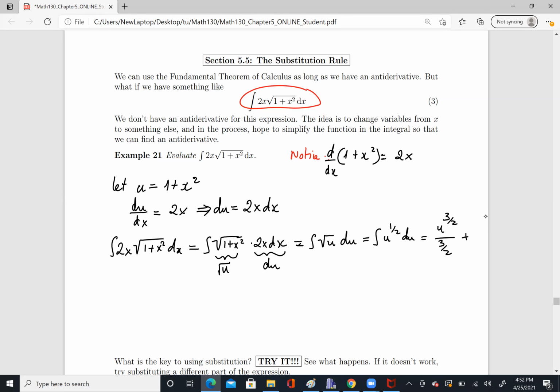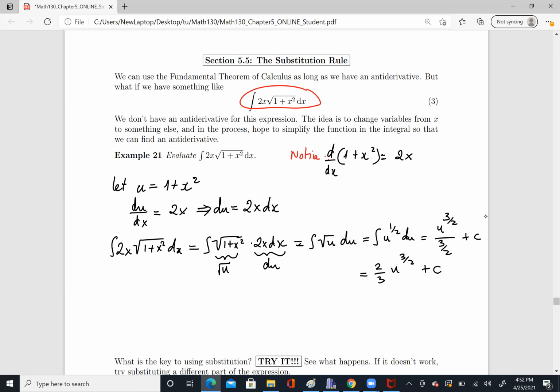And I have to add a constant because this doesn't have any limit, so you need to add a constant for the integral. Okay, so that becomes 2/3 because you divide by 3/2, right? So it's just flip it, becomes 2/3 times u to the power 3/2 plus c.